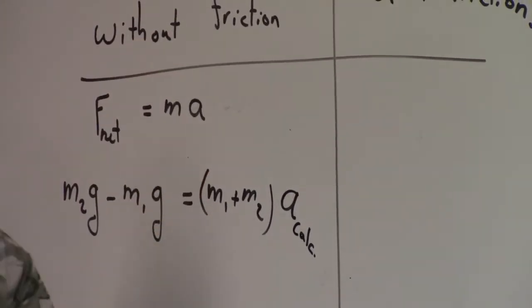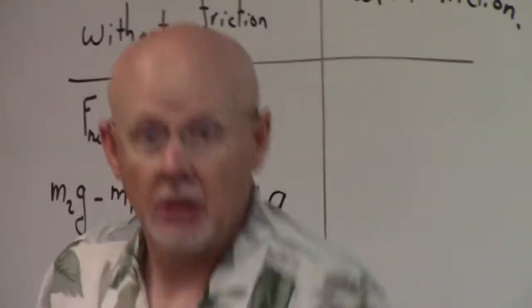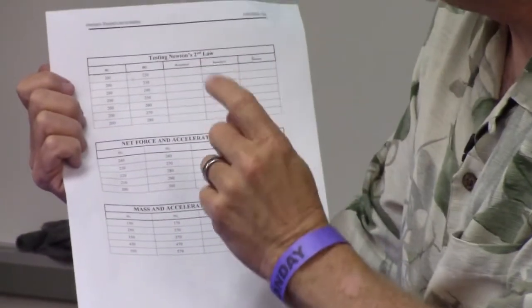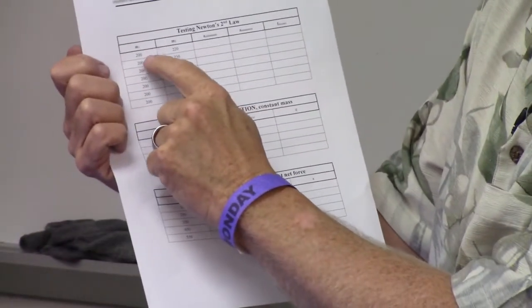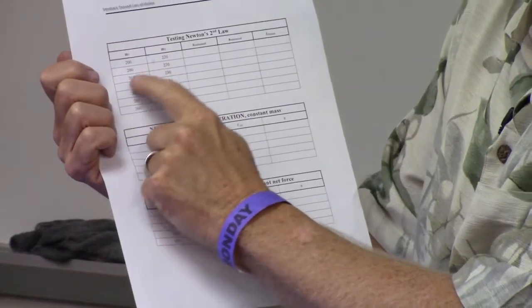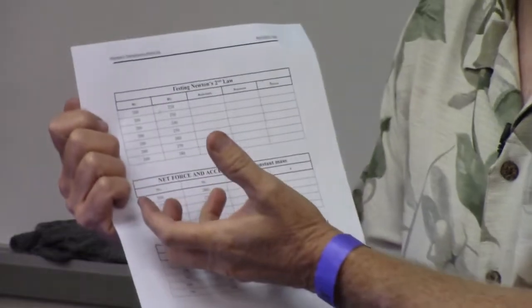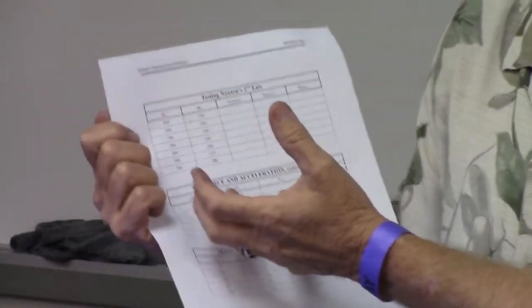And that is why you have your calculator. If you look closely at this data table, you will see that they list M1 and M2, and they begin to change M2 each time. So there are 7 different values of M1 and M2. Now, M1 always stays the same.